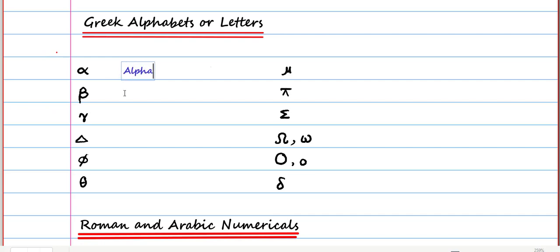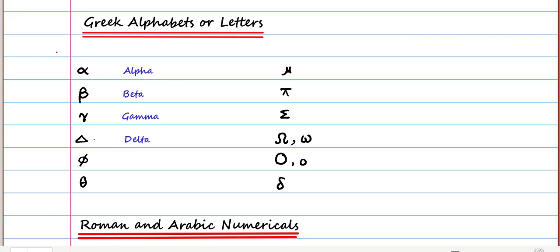And what does this mean? This means beta. And this means gamma. And what does this mean? This means delta.